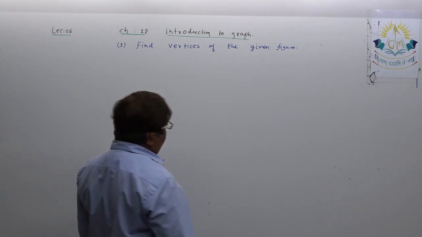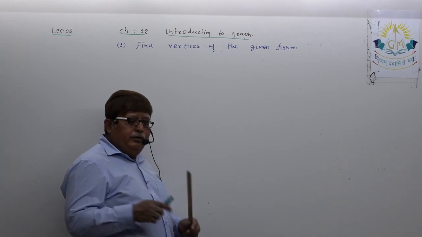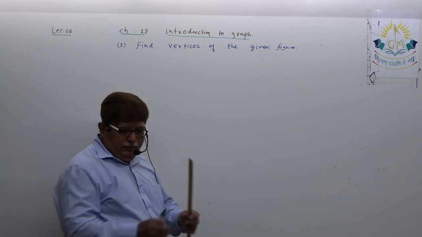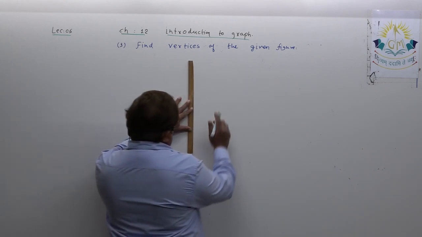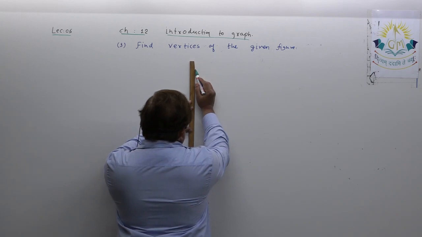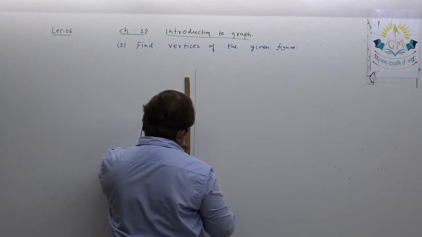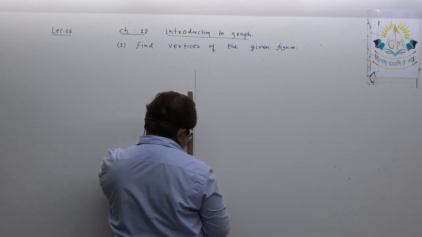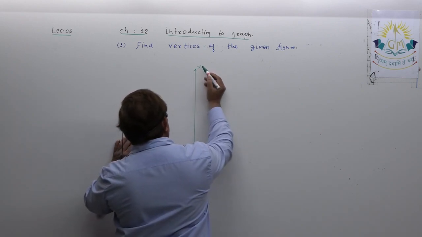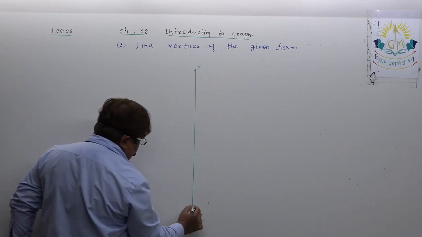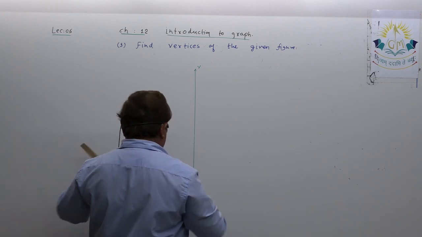Okay. See, dear student. First, prepare graph paper. Okay. First, prepare it. X is first. Y axis. X axis.